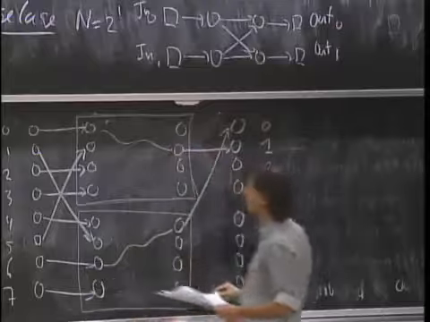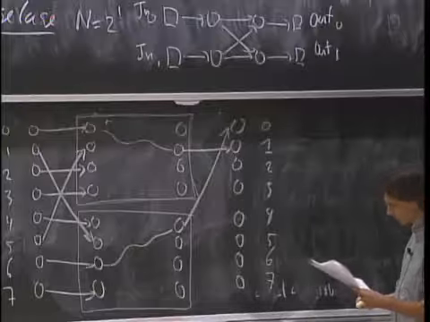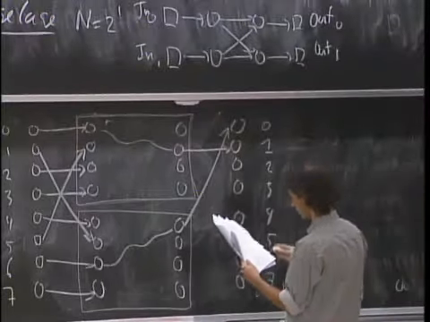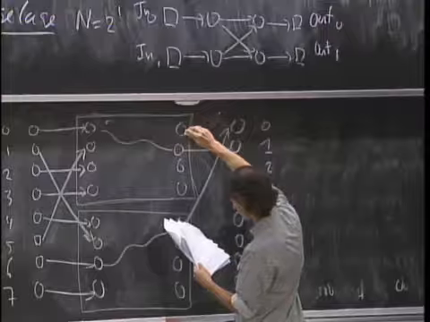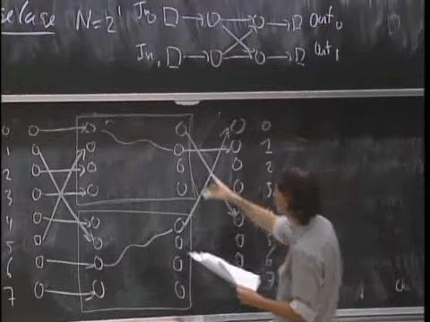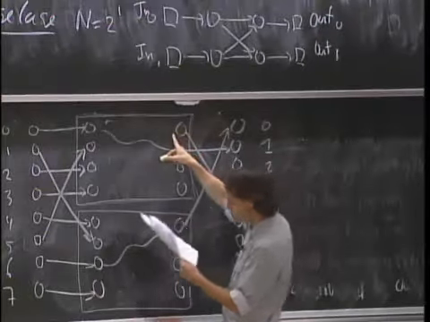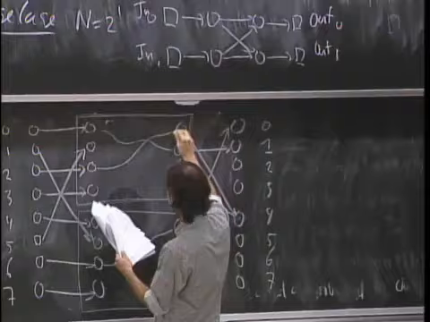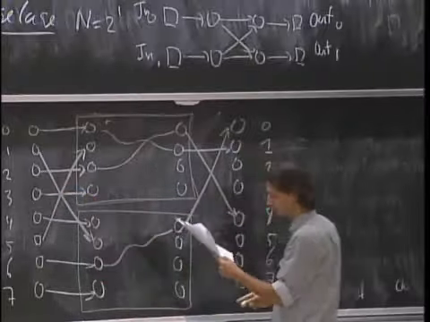So we need to have a connection over here. Now we can continue this and demonstrate, and you can test it for yourself too, that output 4 needs to receive a packet from the red network. Actually, it should be this particular one, which happens to be packet number 2.